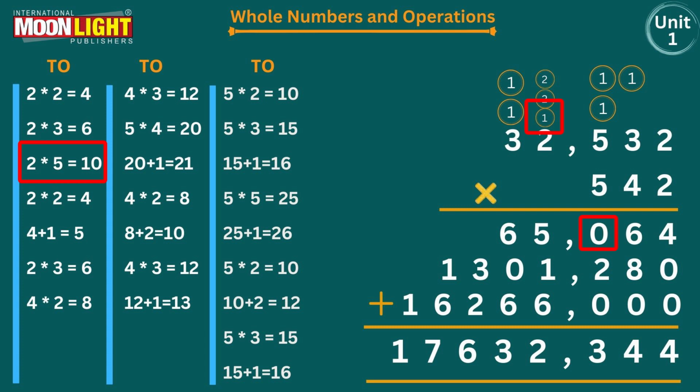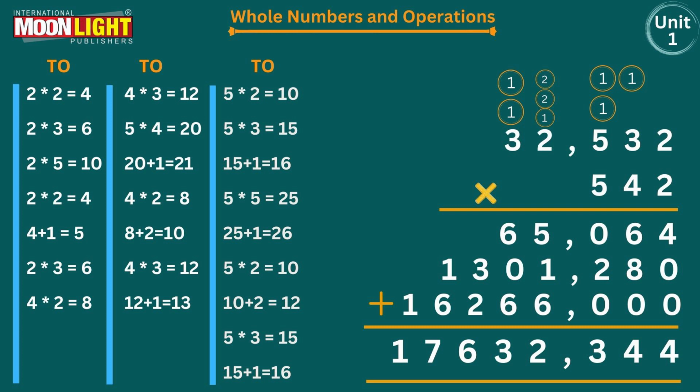So here I will take 0 over here below the number that will be at hundreds place, and then I will take 1 carry on the number 2 which is at 100 place.